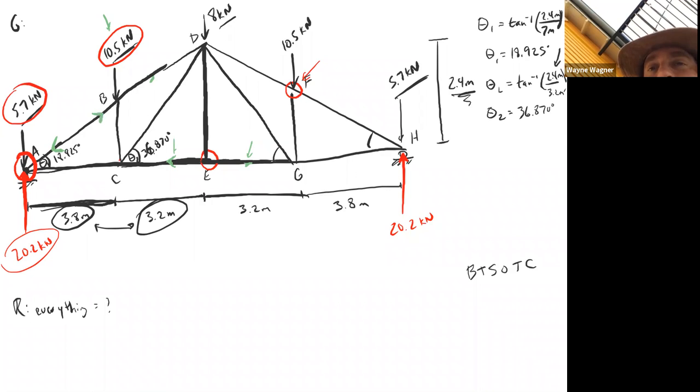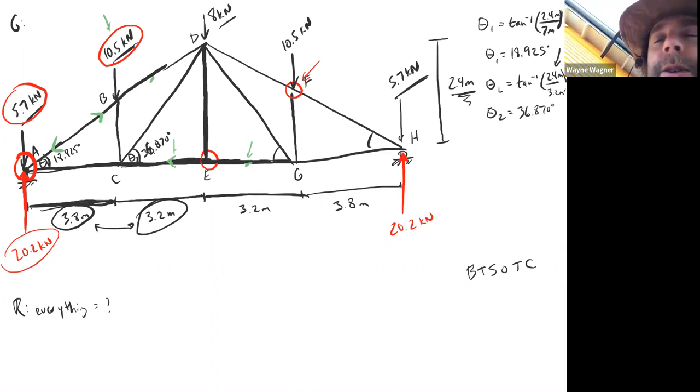So this one is in compression, and we know that, and this is always kind of hard to draw, but we know that it's 14.5 kilonewtons down. Okay. Please interrupt me if you don't see that.